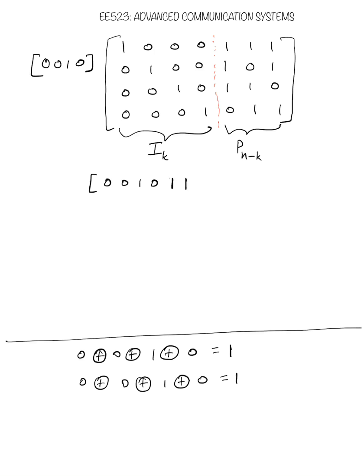And for the last bit, the parity bit, we multiply this message with the last column of the generator matrix.